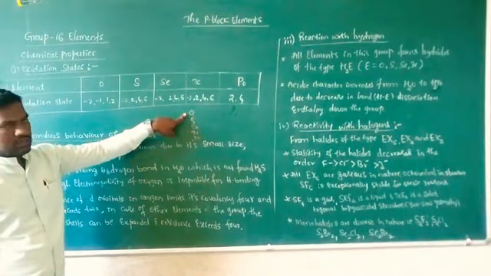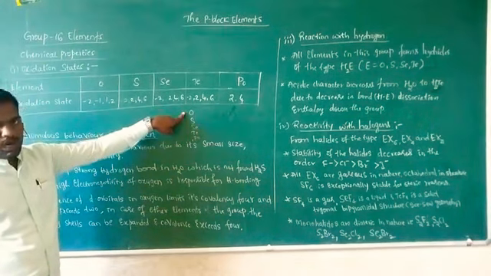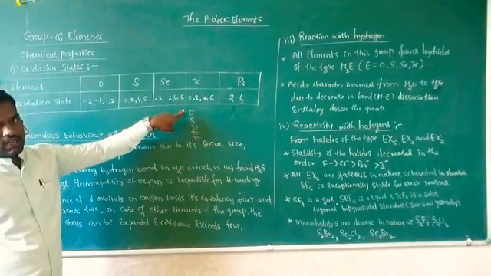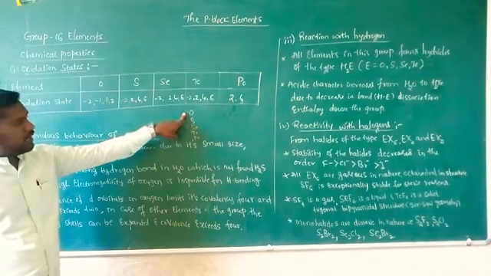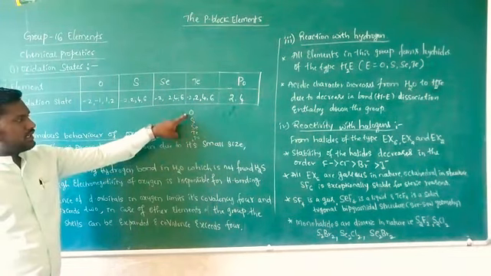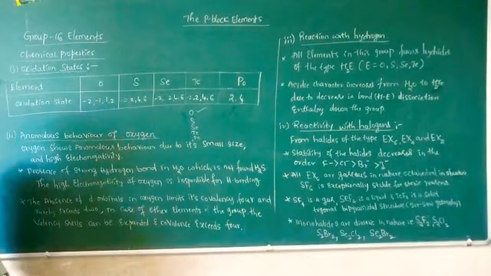It has small size and higher electronegativity, and high ionization enthalpy compared to other members of the group. So oxygen shows anomalous behavior.